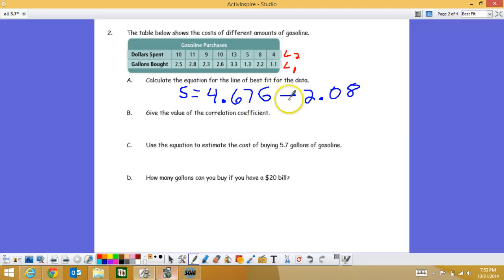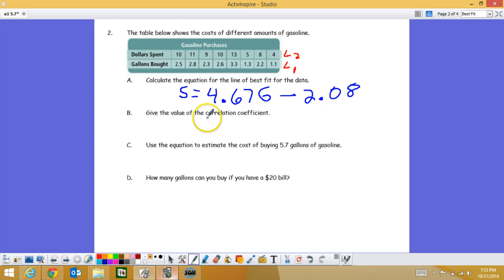The y-intercept, even though it doesn't make much sense, basically means that if we bought 0 gallons of gas, we would spend negative $2.08, which means we'd get paid if we didn't buy any. Again, doesn't make much sense, but that's what it means.